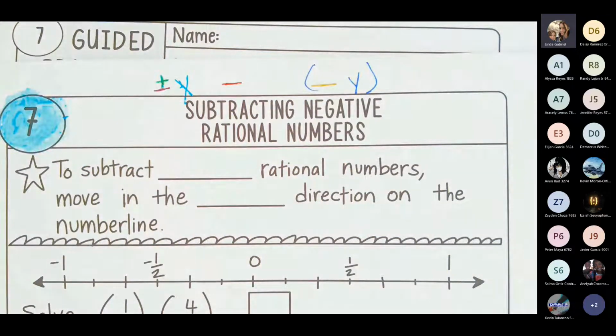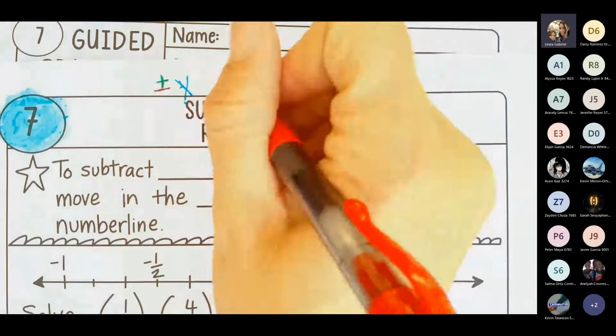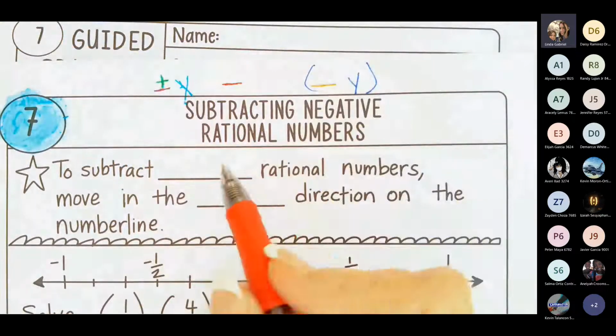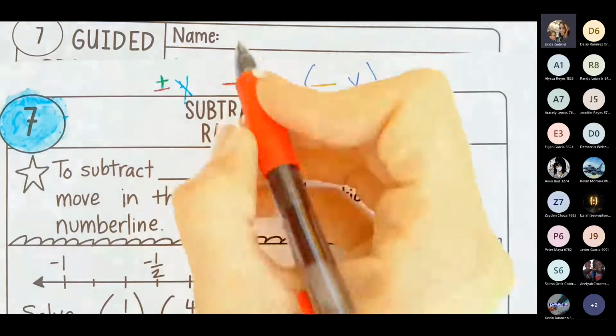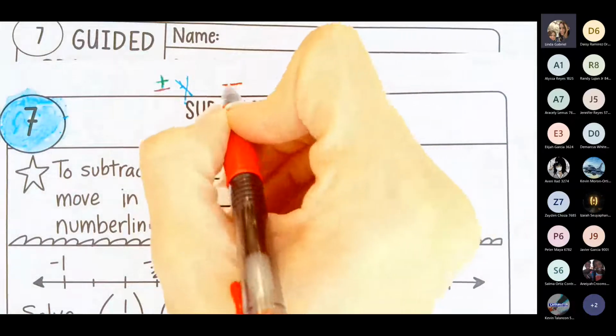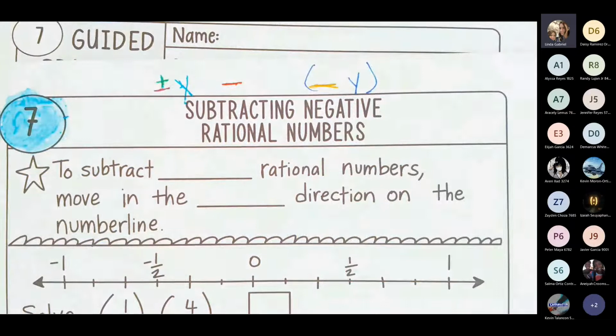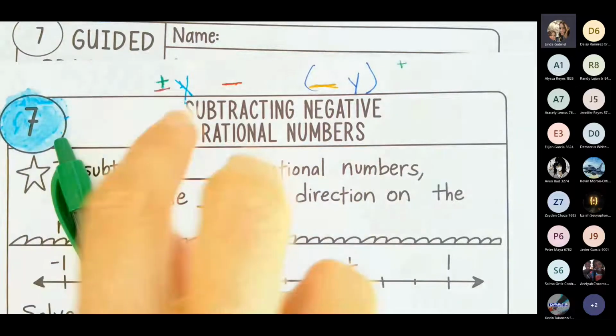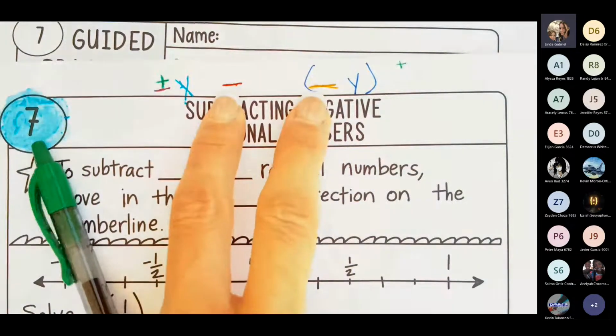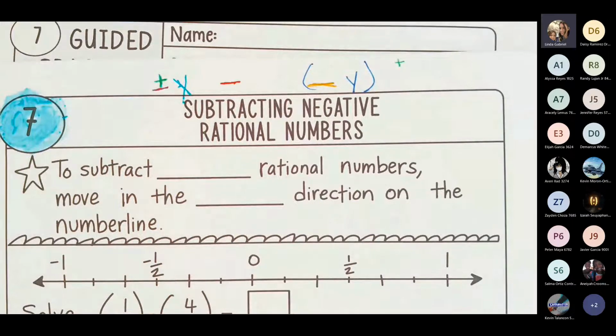The important part is that what I am learning about today is subtracting. That's my order of operations. I'm not adding, I'm subtracting a negative number, not a positive. This cannot be positive. It has to be two negative signs next to each other. Okay?